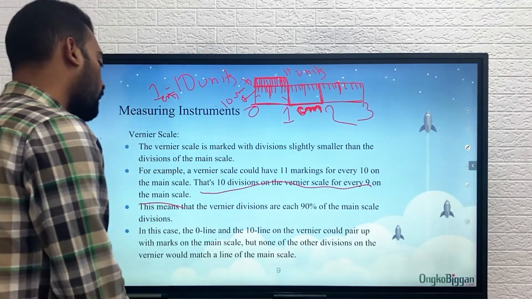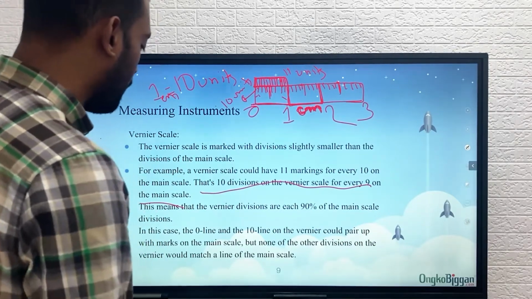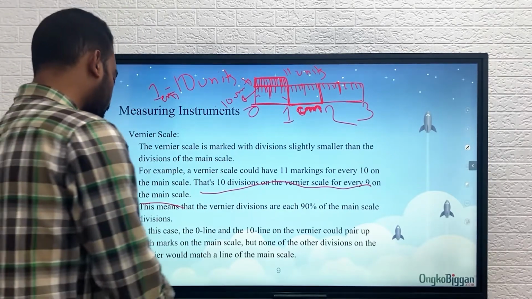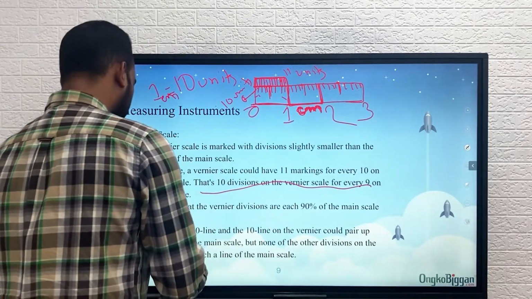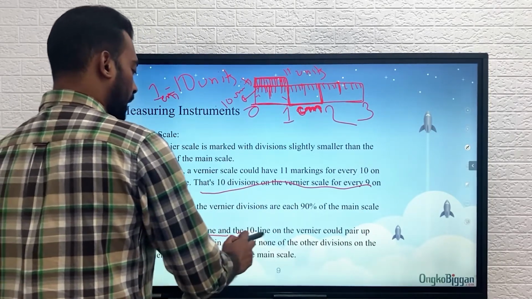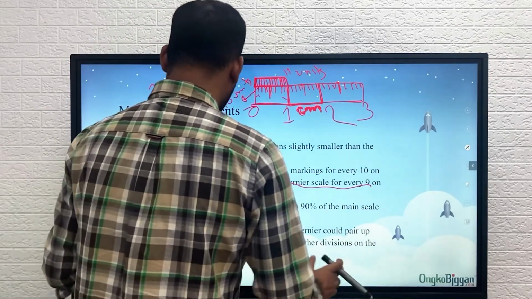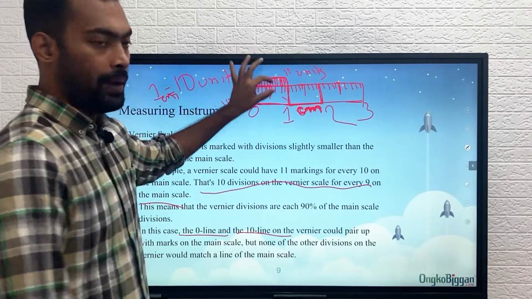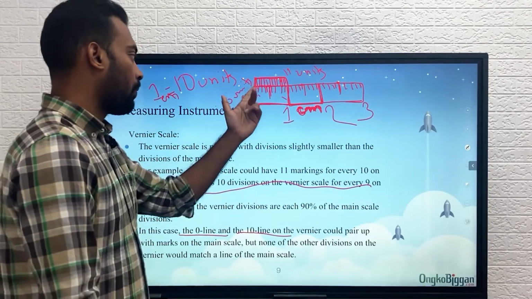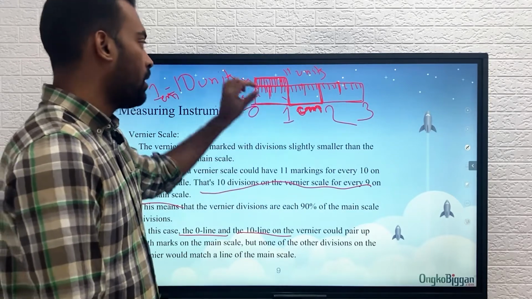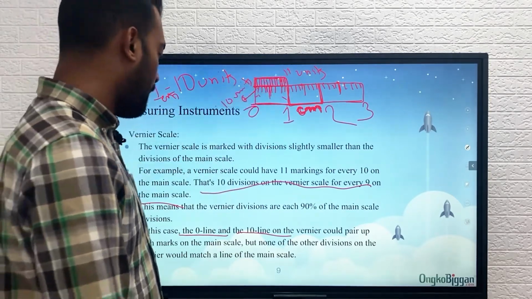but none of the other divisions on the Vernier scale would match a line of the main scale. What does it mean? It means that from the 0 to 10 line of the Vernier scale could pair up with the marks. That means when you follow the Vernier scale on the main scale, every unit would fall on each other, so there would be no error, right?